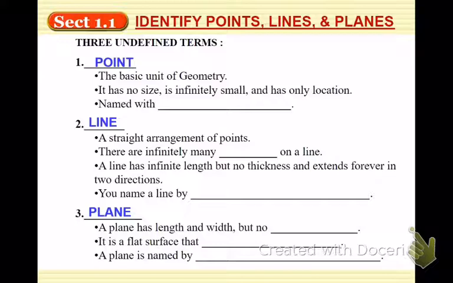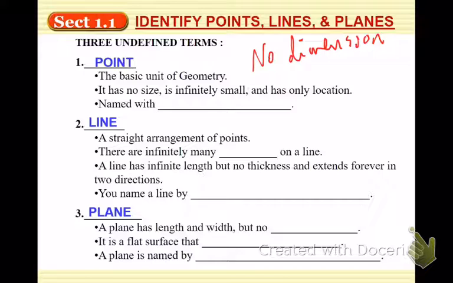We'll start with the point. The point is the basic unit of geometry. Everything is made up from points. It has no size, is infinitely small, and we use points to show location. So in other words, there's no dimension to a point. Okay?